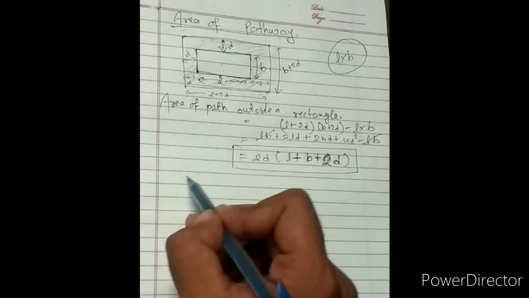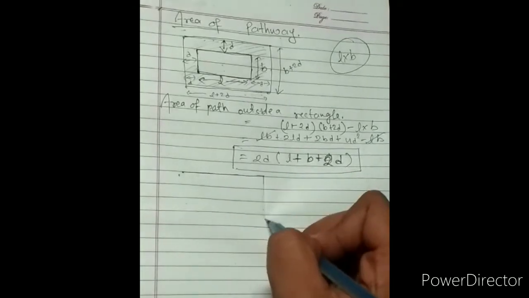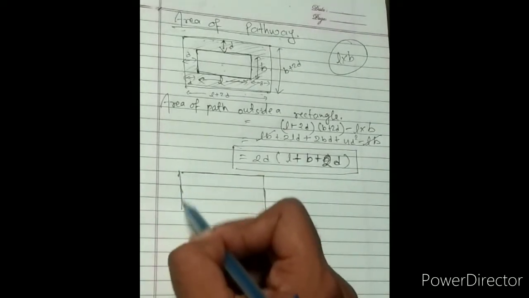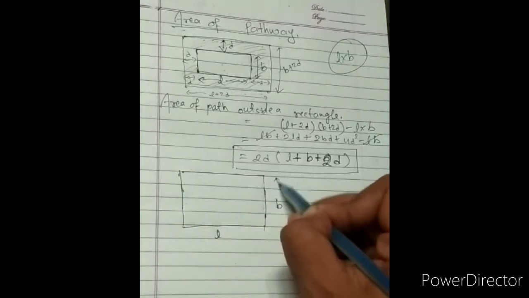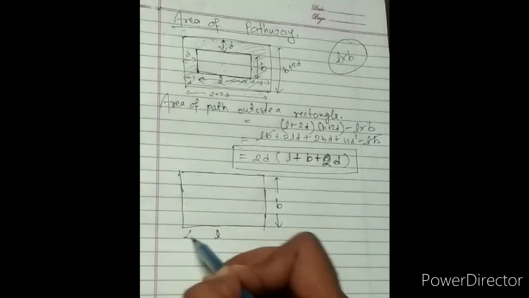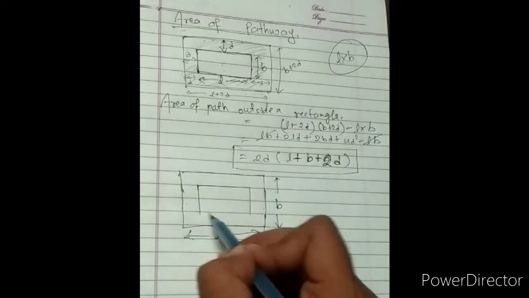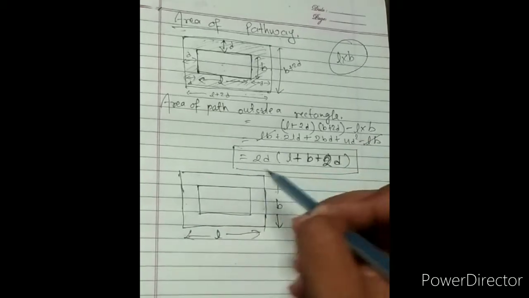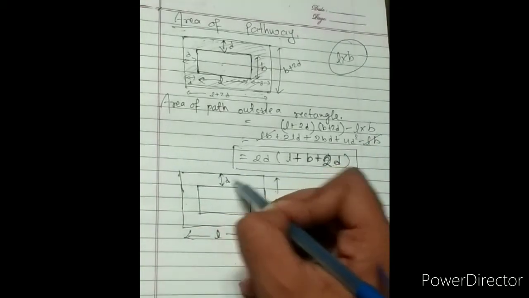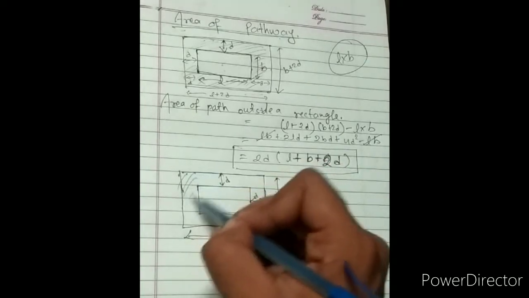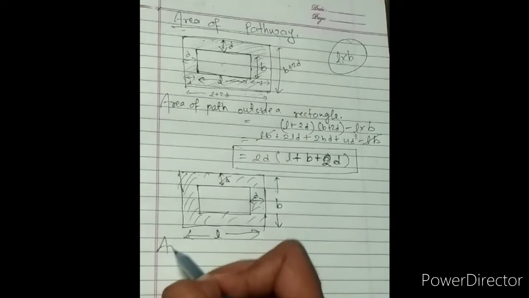Now similarly, if a rectangular field whose length and breadth are L and B respectively, and inside the rectangular field, inside, a uniform path whose width is d is there, then what will be the area of this path?